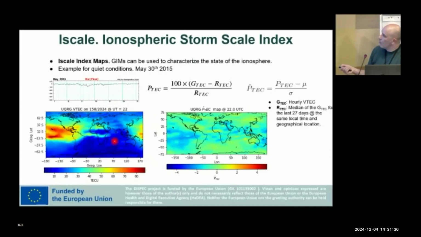So in a quiet day like this one, you can see that the Dst is not indicating any geomagnetic storm. We have here a classical VTEC image with the equatorial anomaly here. But if you compute then the index, the scale index, it is very green. You cannot actually tell, if you don't know this plot, where the equatorial anomaly is.